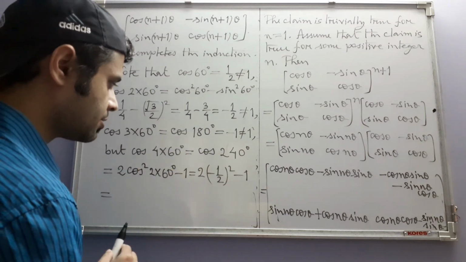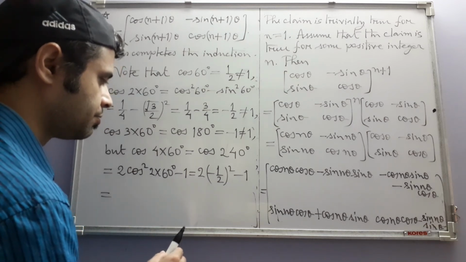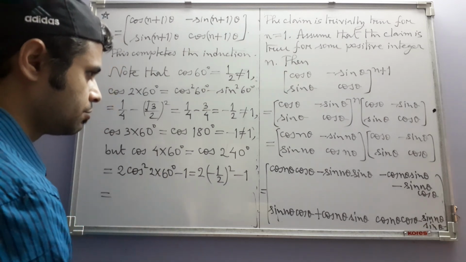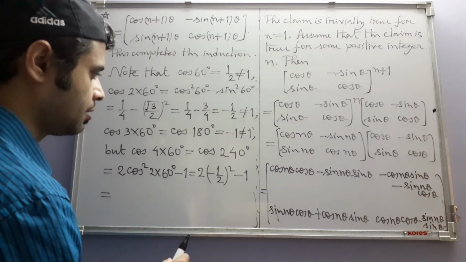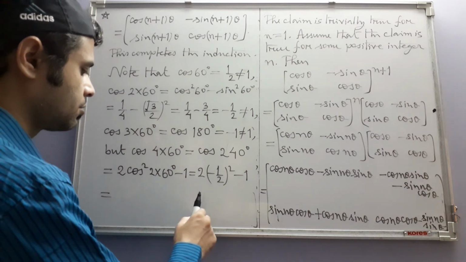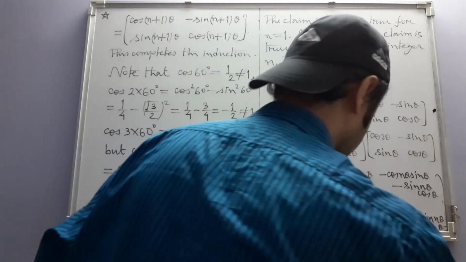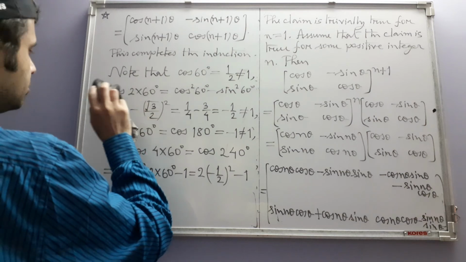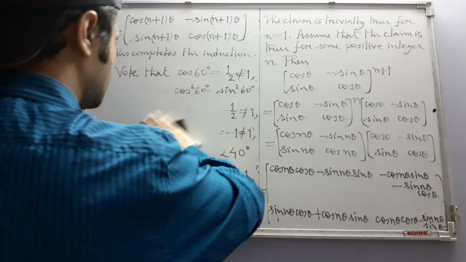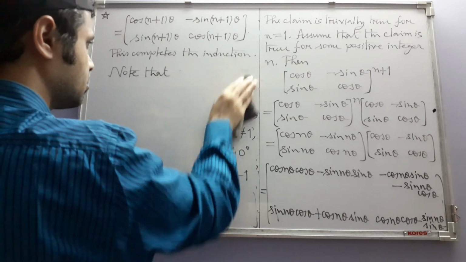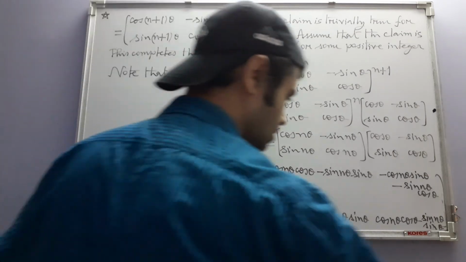Cos 0 is 1, cos 2 pi is 1, cos 4 pi is 1, and cos minus 2 pi is also 1. Instead of going through these awful calculations, we can argue like this.